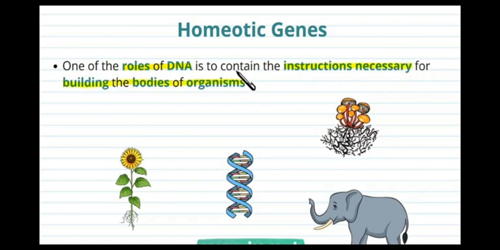Then we see still higher animals like fishes, reptiles, birds, and mammals. When we see all these animals, we can draw one thing, that all these organisms have a certain body plan.